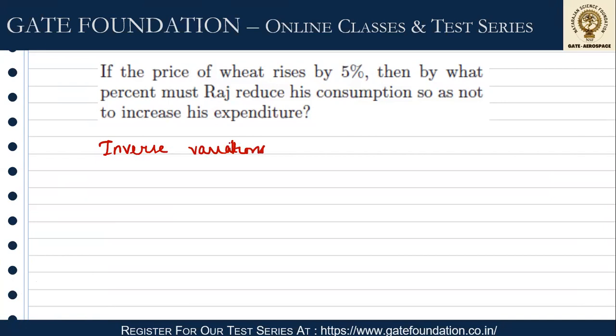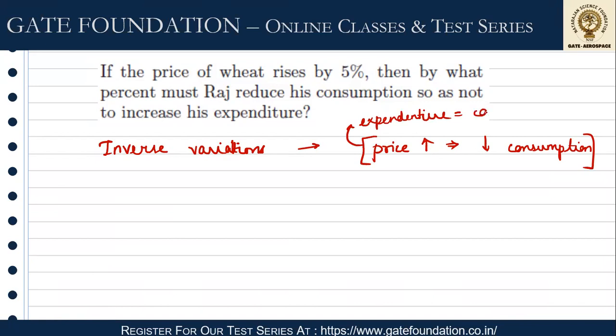That basically means if the price increases, the consumption reduces, in order to keep the expenditure constant. I don't want to spend much. If the price increases, I have to reduce my consumption. So this is the common thing.